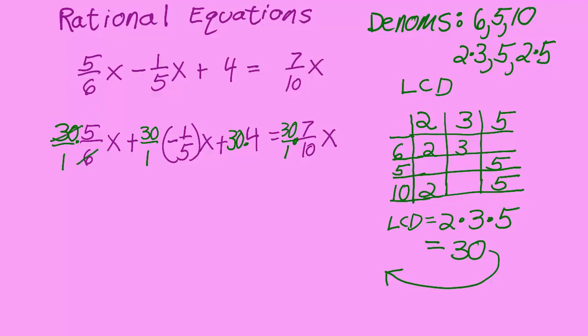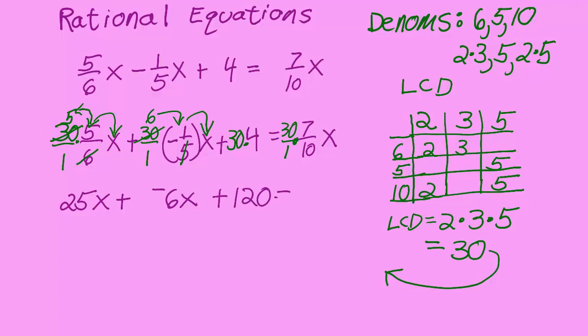Starting on the left, 6 goes into 30 5 times. Now I multiply 5 times 5 times x will give me 25x plus, well, 5 goes into 30 6 times. 6 times negative 1 times x is negative 6x. 30 times 4 is 120.